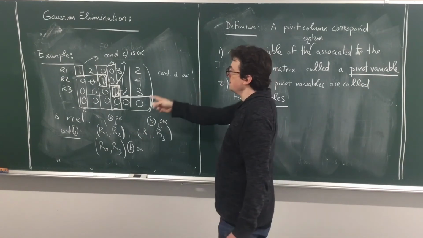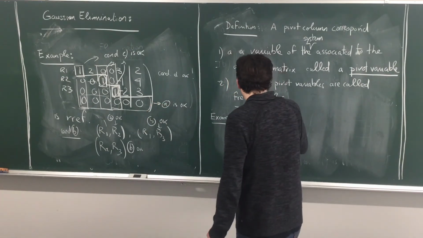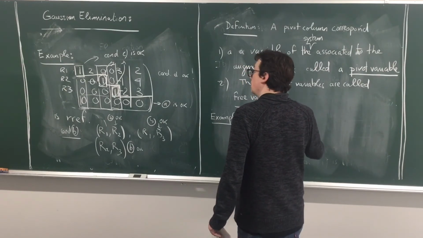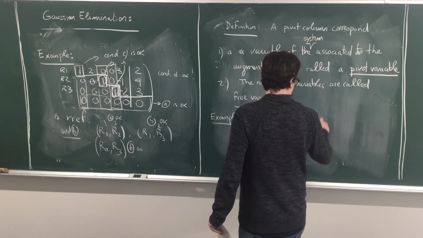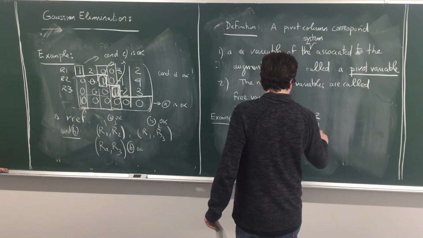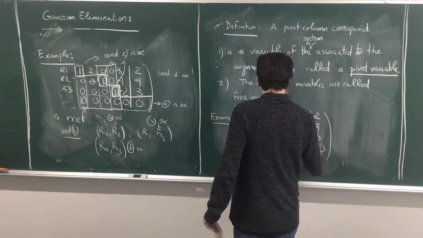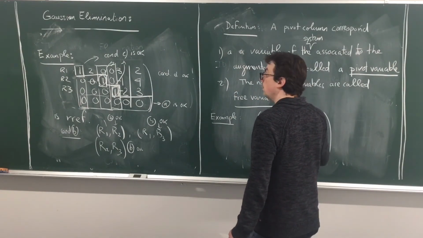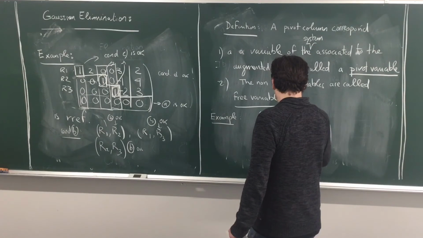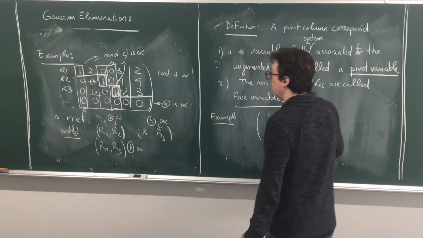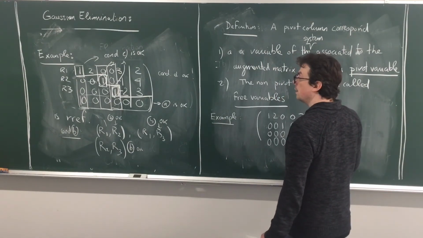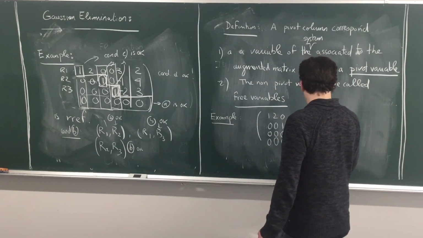Okay, so let's consider this augmented matrix. The augmented matrix is 1, 2, 0, 0, 3, the vertical bar, 2, 4, 3, 0, and then I have the 0, 0, 0, 0, 0, 0, and then I have 1, 0, 0, then I have 0, 1, 0, and finally I have -1, -2, and 0.